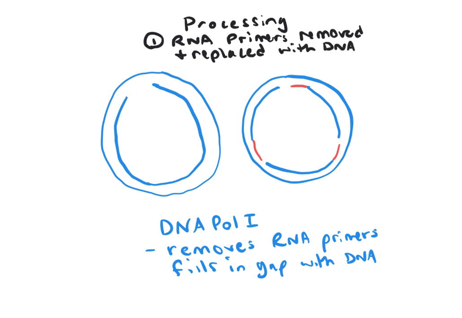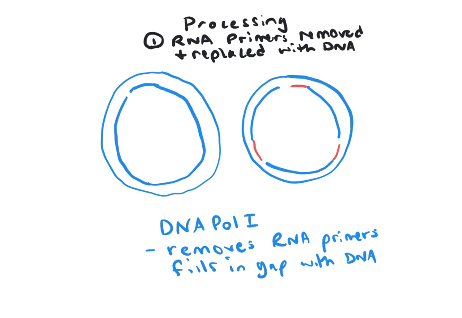And what that's going to reveal is a new 5' end and 3' end. DNA polymerase I can use the free 3' hydroxyl there and fill in the gap with DNA. Now, the thing it cannot do is form that last little bond to the 5' phosphate. So there's still going to be a little bit of a nick in the backbone in that area.